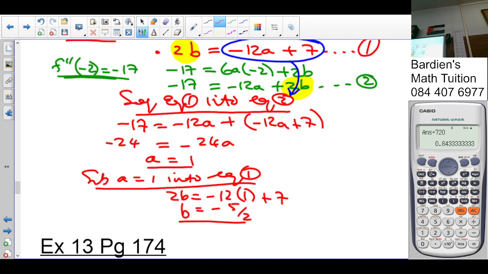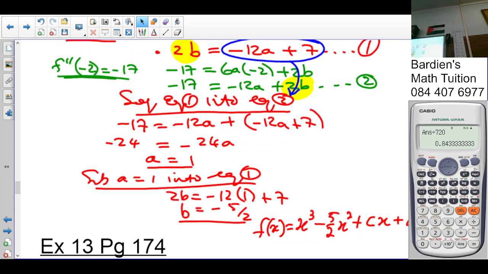So my equation now reads f of x is equal to ax cubed plus bx squared plus cx plus d. That's what the equation now reads. That value is right.